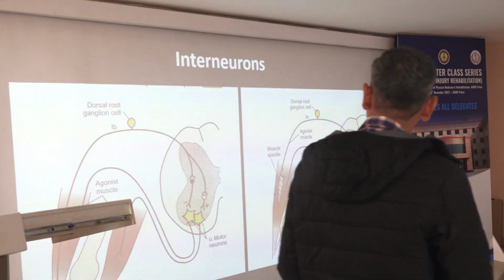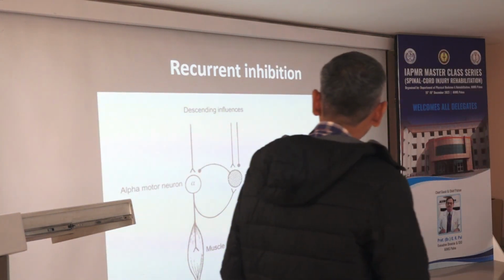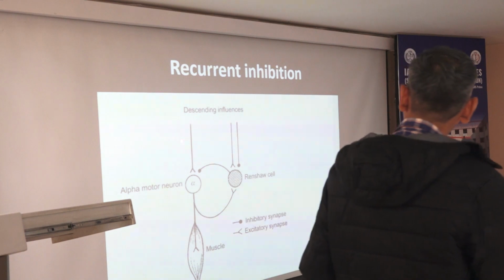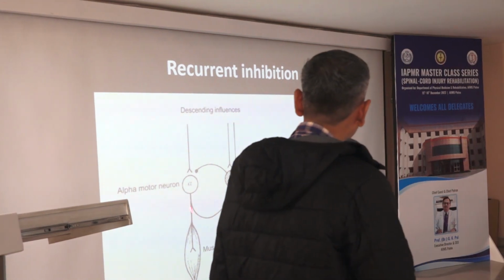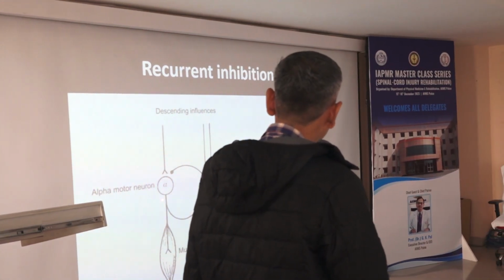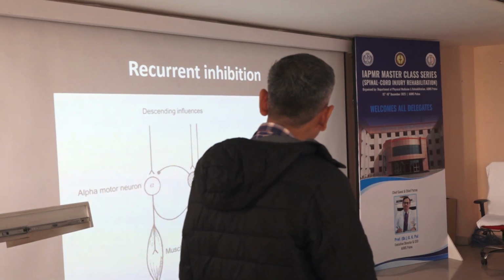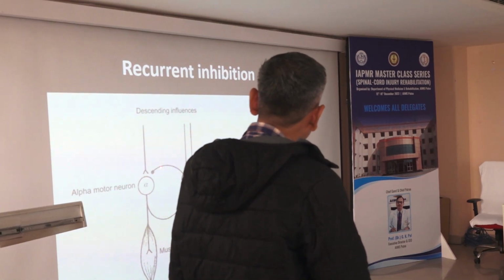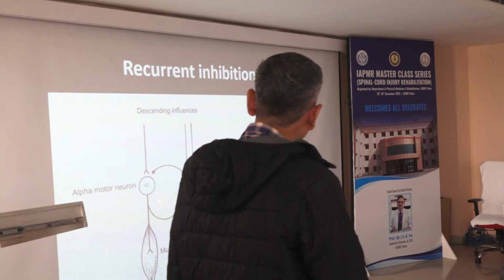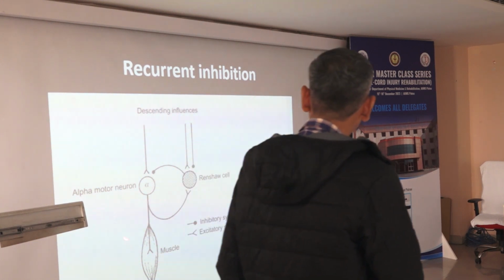Then another one is the Renshaw cell inhibition. In Renshaw cell inhibition, the input is from the alpha motor neuron itself. That will go and this Renshaw cell will inhibit the agonist motor neuron along with the other motor neurons of the agonist.